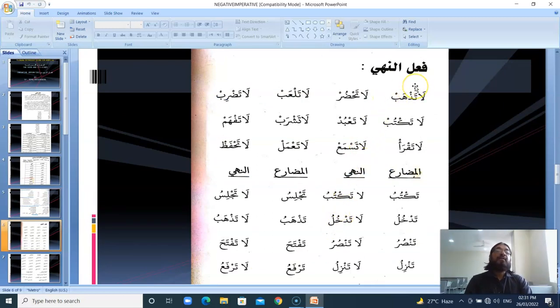Then after again, the same thing is being repeated here. Fi'lun nahi. Everywhere fi'l nahi, you can see everywhere is la in the beginning of the verb. لا تذهب لا تحزر لا تلعب لا تضرب لا تكتب لا تعبد لا تشرب لا تفهم لا تقرأ لا تسمع لا تعمل لا تحفظ.